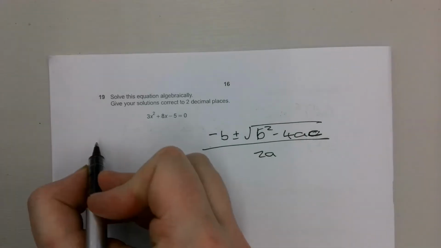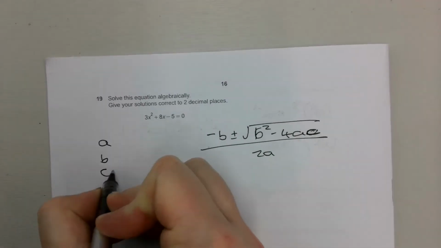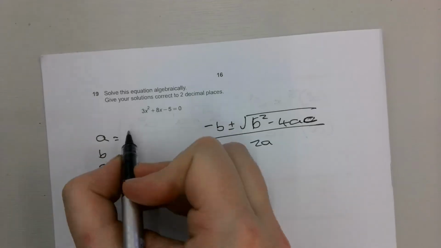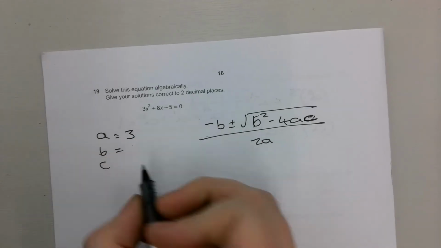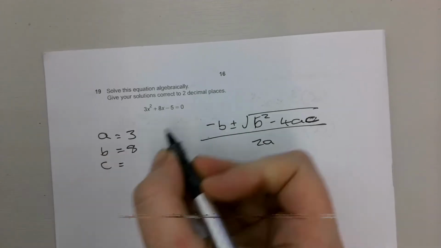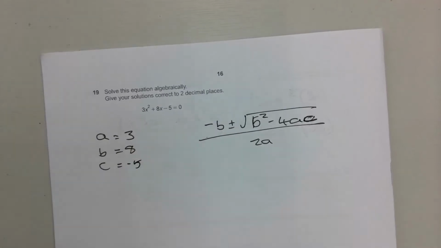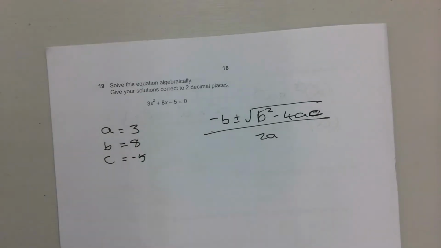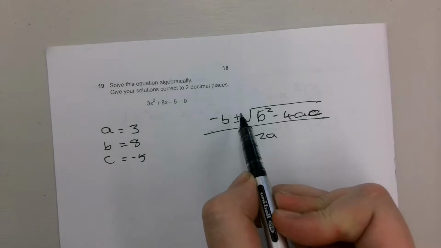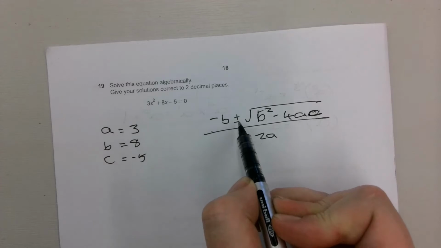Let's work out what a, b and c are. A is the coefficient of x squared, so it's 3. b is the coefficient of x, so it's 8. And c is our constant, so it's minus 5. We are now going to substitute these into here. There are going to be 2 solutions, one where we've got a plus here and one where we've got a minus here.